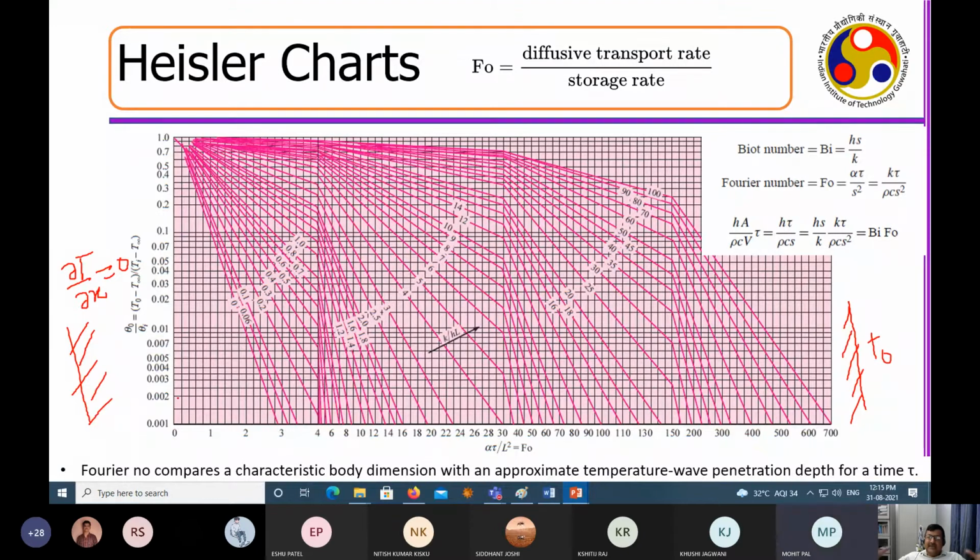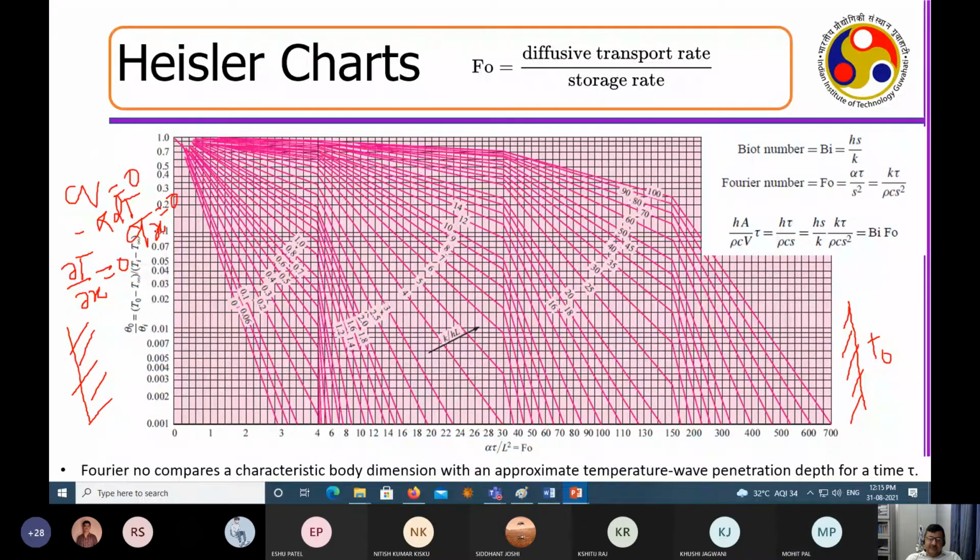Why? Because inside it's a very high temperature, and then I have put a medium which is not conducting at all. So Q is equal to 0. That means minus k into dT/dx is equal to 0, applying Fourier's law. k cannot be 0, so dT/dx is 0.